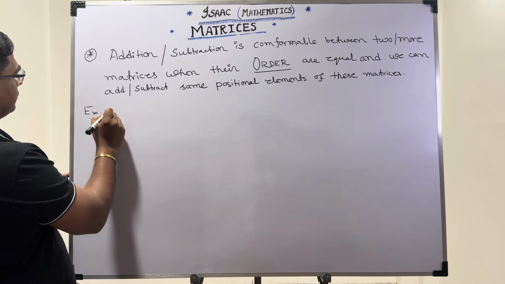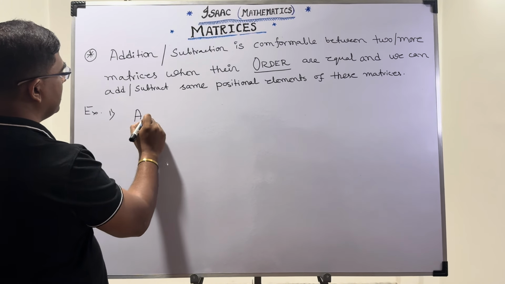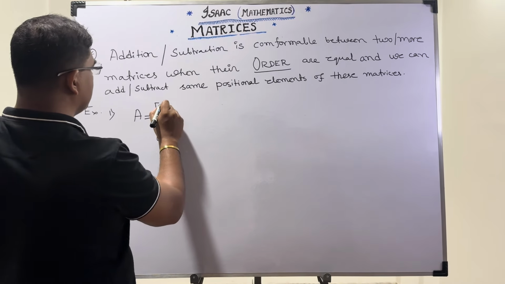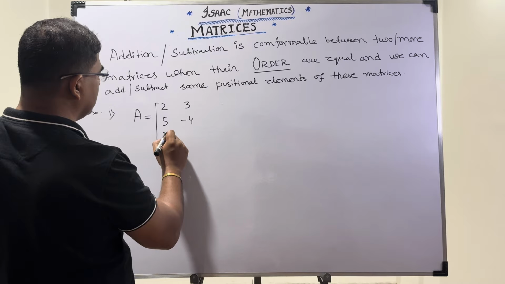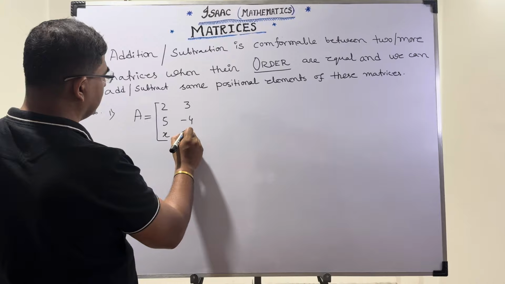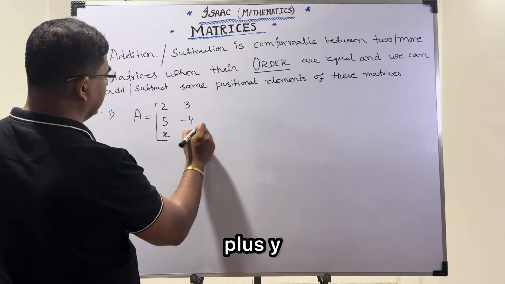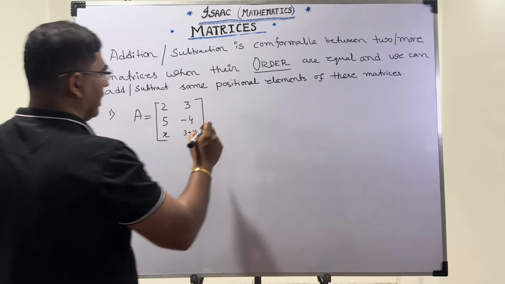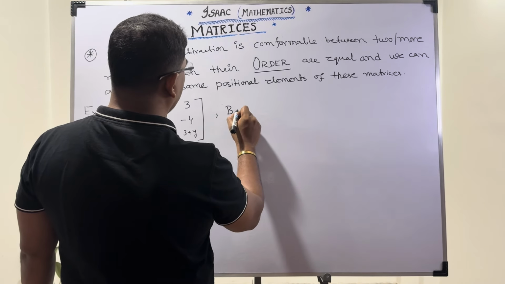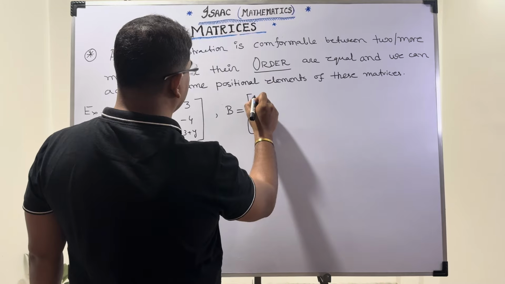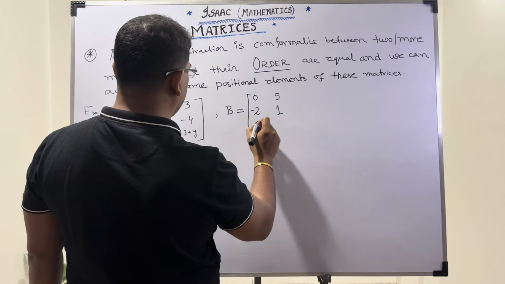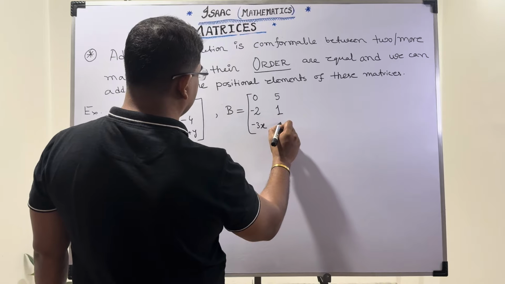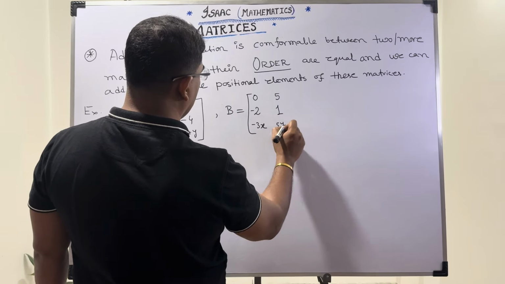Example. Suppose A is a matrix 2, 3, 5, -4, x, 3 plus y. B is another matrix 0, 5, -2, 1, -3x and 5y.